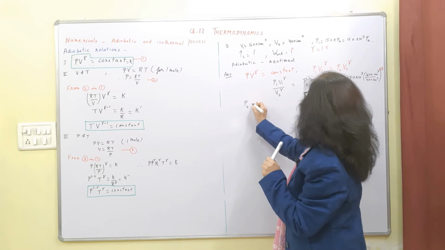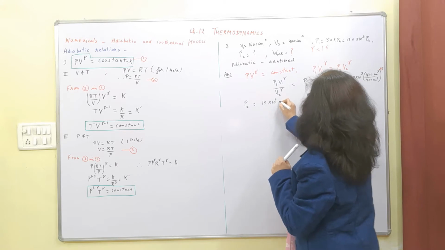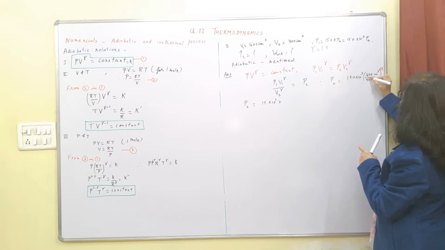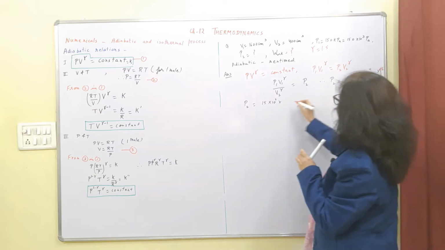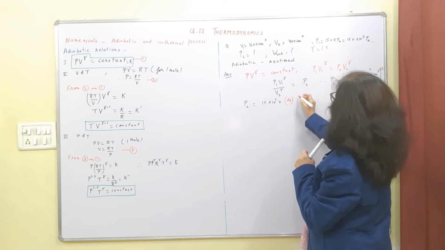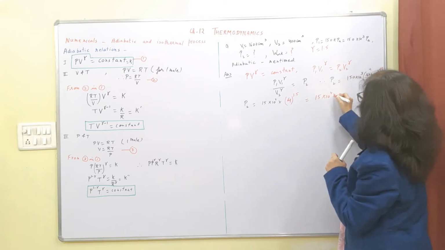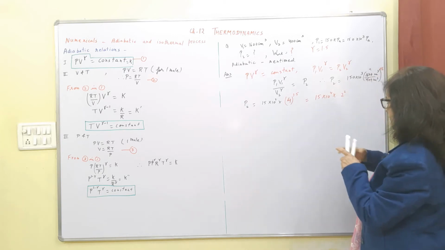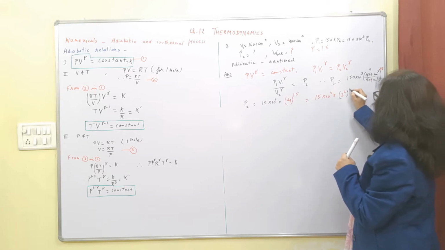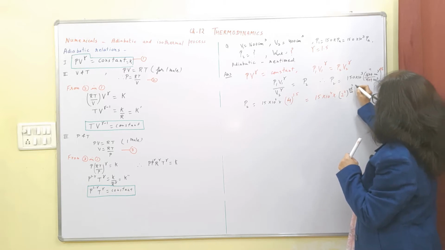So therefore P2 will be 15 into 10 to the power 4 into, this can be cancelled and this will be 4, 4 4s are 16. So this can be written 4 to the power 1.5, and this can be written 15 into 10 to the power 4 into 2 to the power 2 to the power 1.5. 1.5 can be written as 3 upon 2.